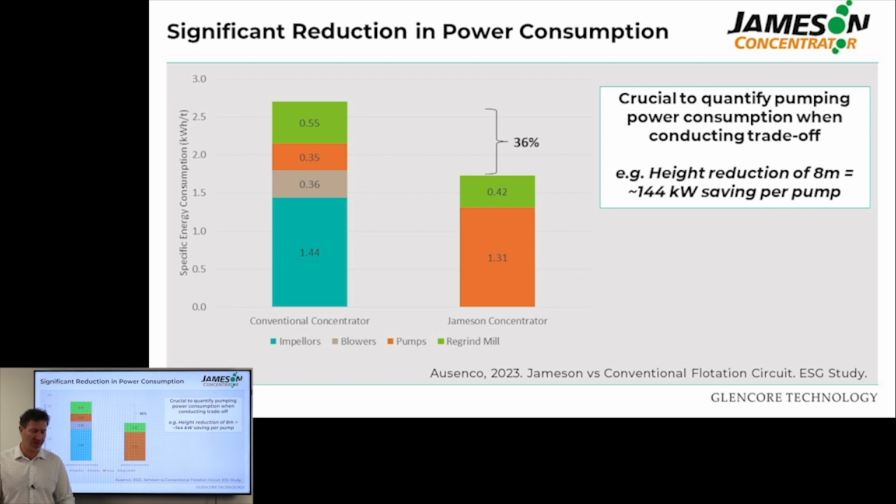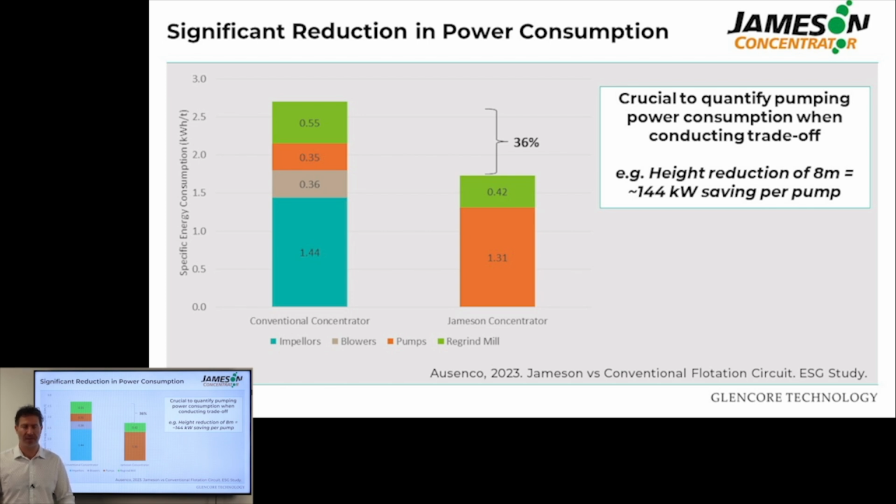Now, talking about power consumption differences on the next slide. The Jameson concentrator was able to reduce power consumption by 36%. This is enabled by not using blowers, and there's no need for that many mixing mechanisms, because Jameson cells don't use mixing mechanisms, and there are only a few Jameson cells.